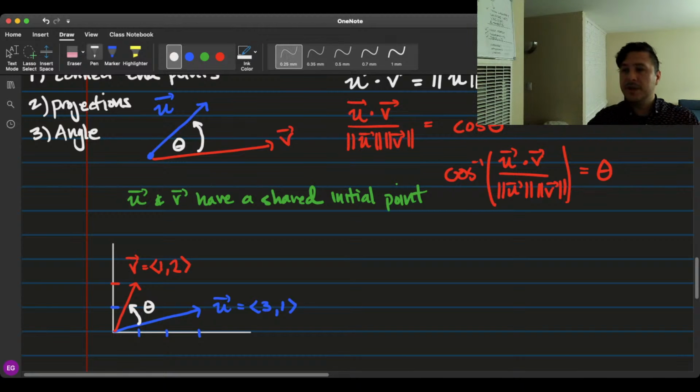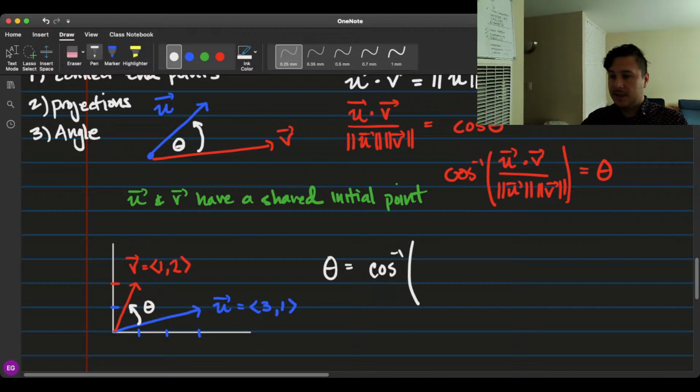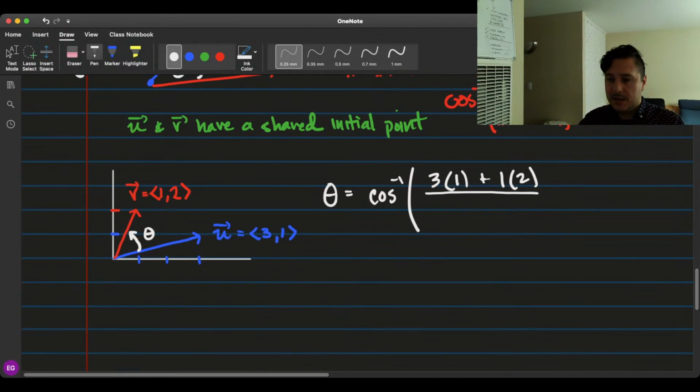Okay, so it's a pretty straightforward calculation now. To find the angle, we know that we're going to take the cosine inverse of u dotted with v. So if we do u dotted with v, we'll get 3 times 1 plus 1 times 2. And let's calculate the magnitudes on the side. So the magnitude of u will be the square root of 3 squared plus 1.